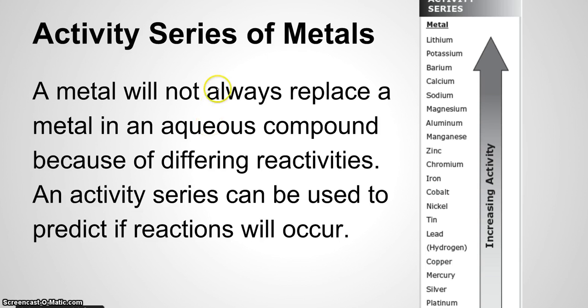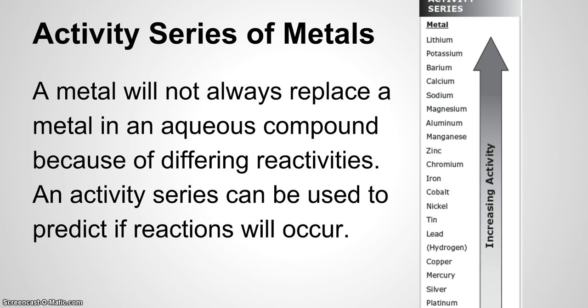So in order for one metal to replace another metal, it has to be higher than the other metal on the list. So for example, sodium will replace zinc, okay? But zinc will not replace sodium. So if we were to put zinc in a solution of sodium chloride, nothing's going to happen because zinc is less reactive than sodium. So sodium wants to be bonded more.